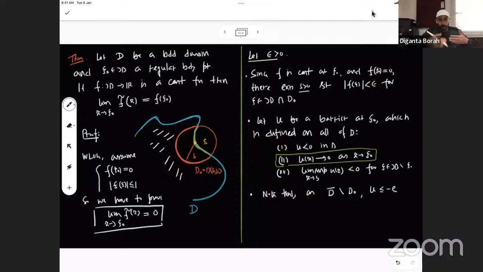The lim sup is negative, and it is negative on this arc. It's continuous also, so you can always find some negative number such that u is less than or equal to minus 1 for some. I leave it to you to check the details. So this you can always do. Now consider a new function v, which is equal to u over rho minus epsilon.